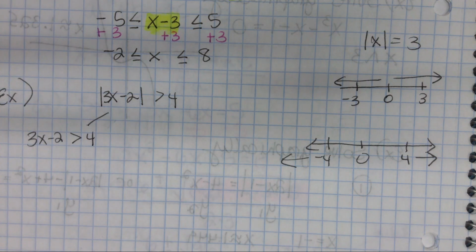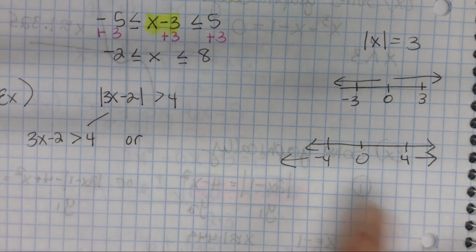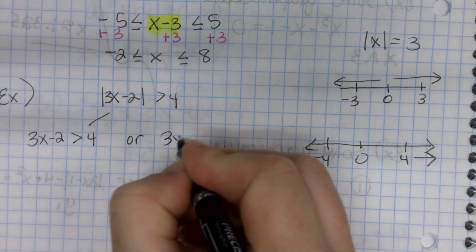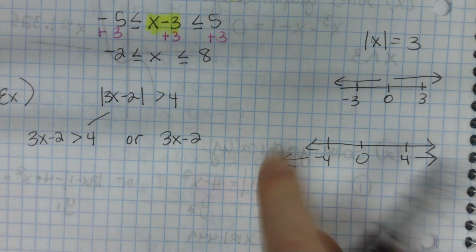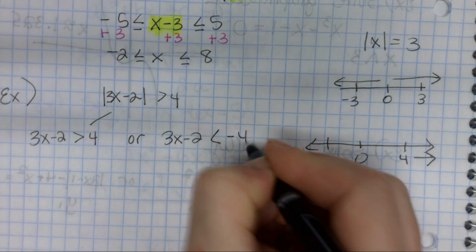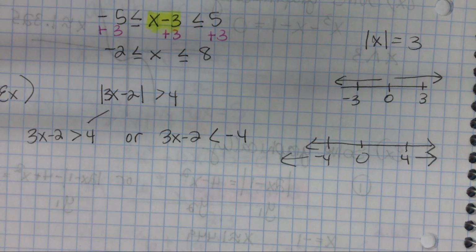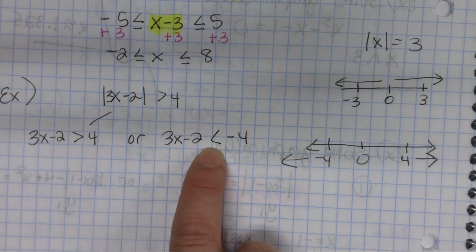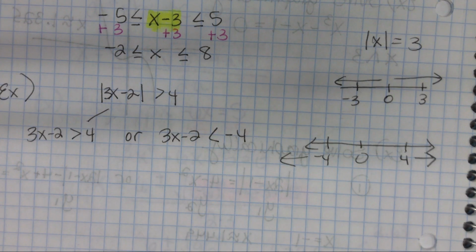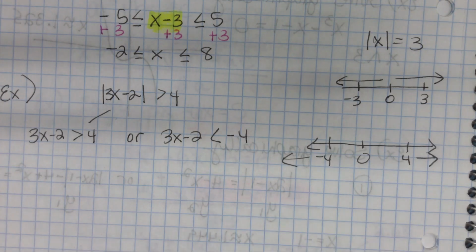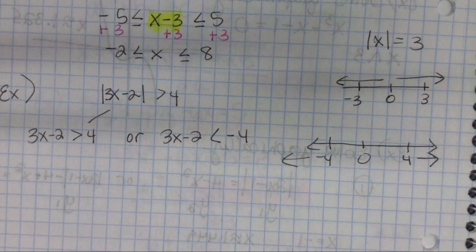Or the other one is 3x minus 2 on this side would be less than negative 4. So some teachers will say, hey, you do the one is what it looks like, and then the other one you flip the sign and make it negative. I don't know how you want to remember it, but this is the why. That's why you're doing it. All right, would you solve those two for me, please?